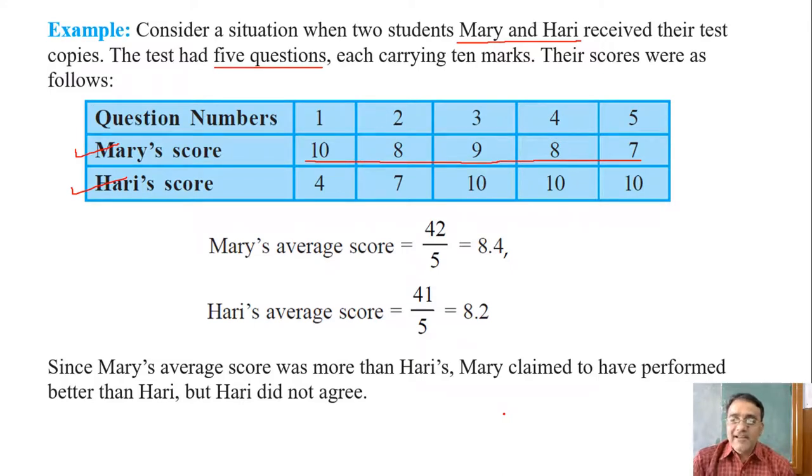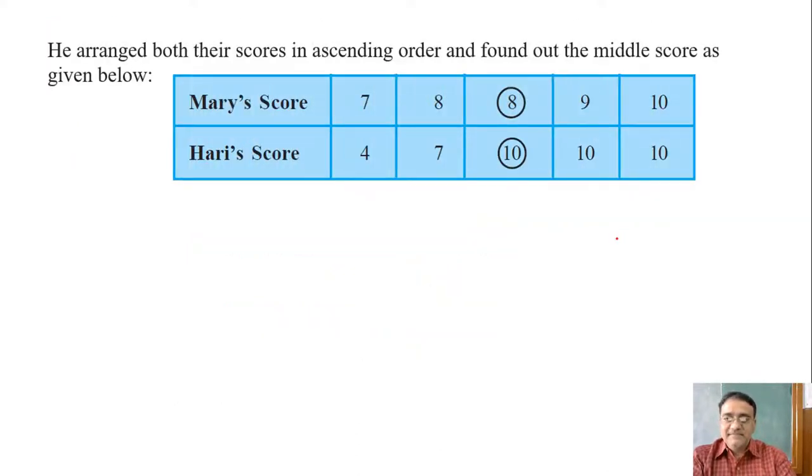What Harry did, उसने क्या किया, वो अपने मार्क्स को ascending order में सेट किया दोनों का. So मैरी का, हैरी का already ascending order में है. So if you set Mary's score in ascending order, 7 will come first, 8, 8, 9, 10. Like that.